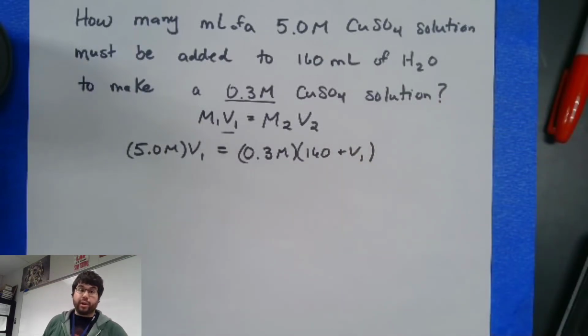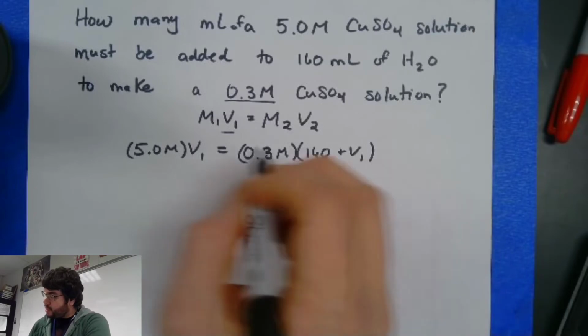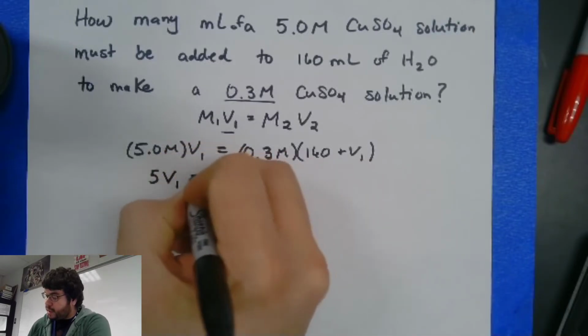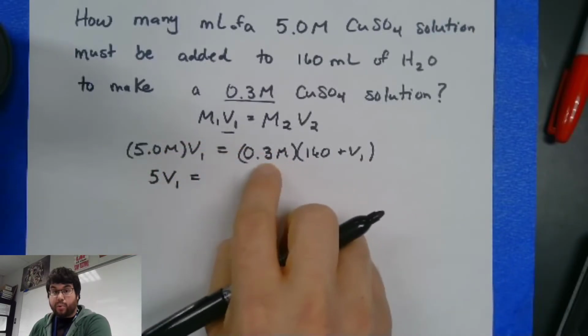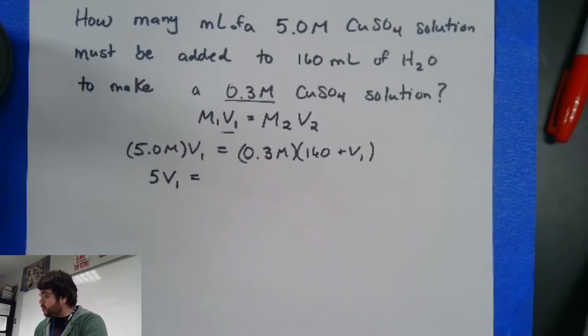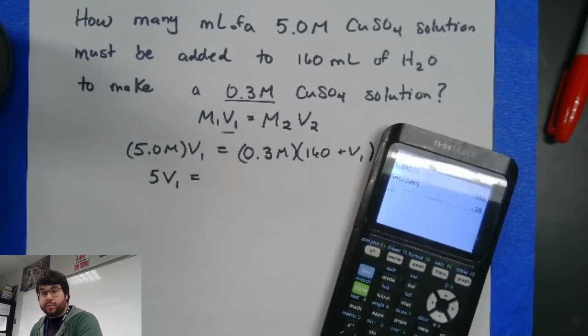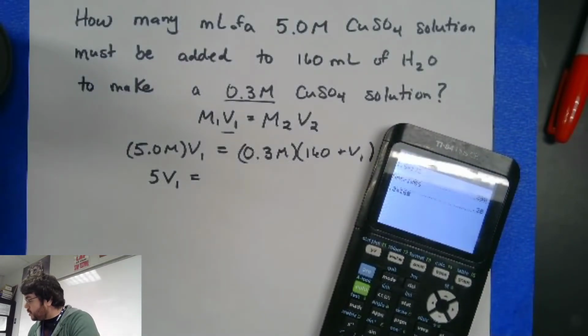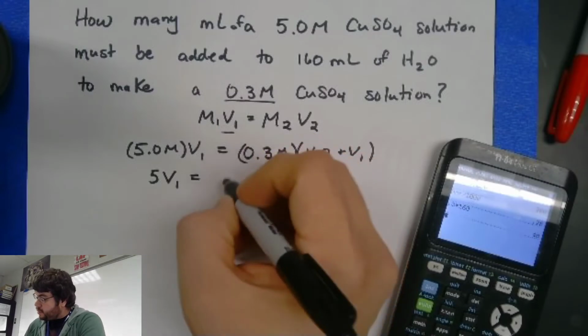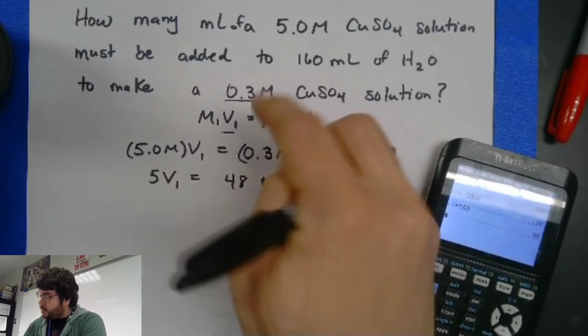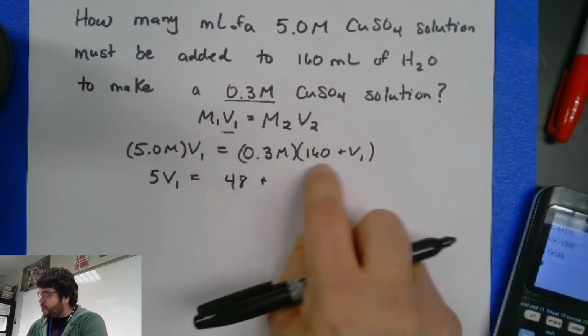So it's a little bit of algebra here. So let's go ahead and do that. So 5 V1 equals, and that's going to be 0.3 times 160. So 0.3 times 160, 48. Now we're going to cross multiply. What is that, FOIL? I don't remember.